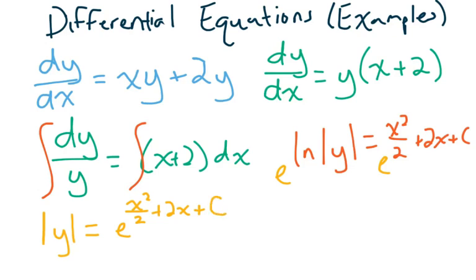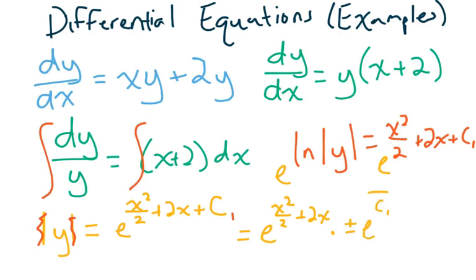Actually, I'm going to go back and call this C1 because we're going to do some of that magic we do with combining constants. I can split this up into e to the x squared over 2 plus 2x times, and if I made this positive or negative, then I could forget about the absolute value signs, so positive or negative e to the C1.